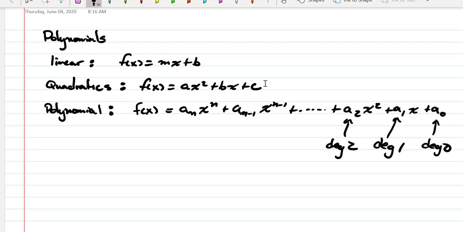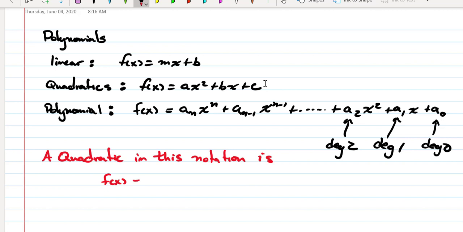So a quadratic in this notation is f of x equals a2 x squared plus a1 x plus a0.